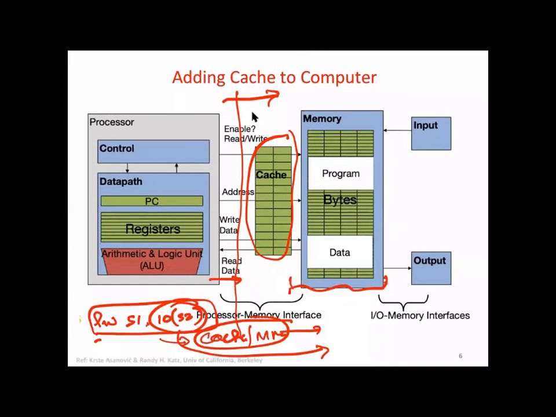If it's available, it supplies it. If it's not available, it gets it from lower levels. Let's assume there's no lower level, it's only cache and main memory, then it gets it from main memory, and then the cache supplies this to the processor. All right, any question?